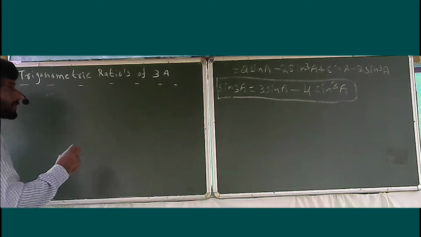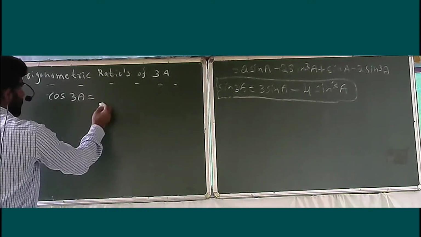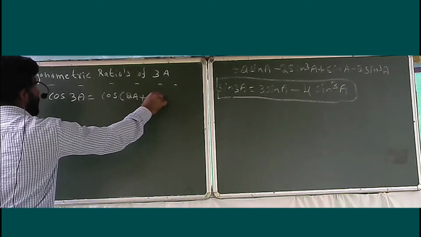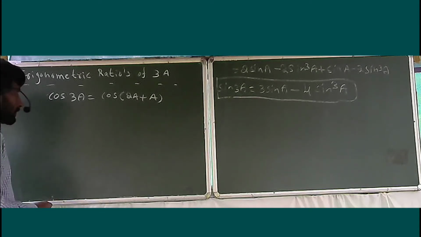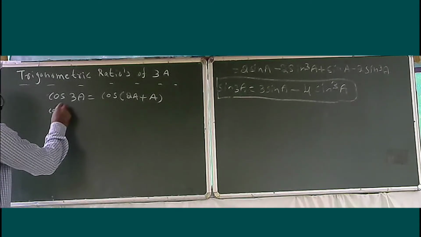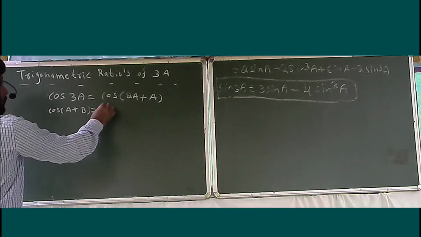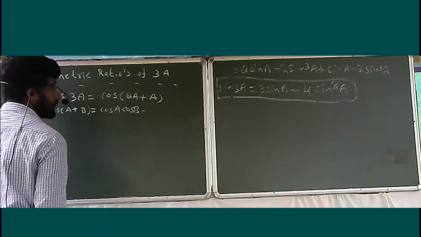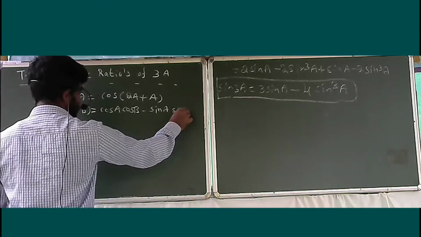Clear? Next is cos 3a. Cos 3a can be written as cos of 2a plus a, or by commutative property you can write it as a plus 2a. Formula remains same. Apply cos of a plus b formula. Cos of a plus b is equal to cos a cos b minus sin a sin b.